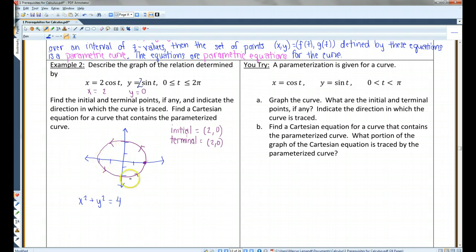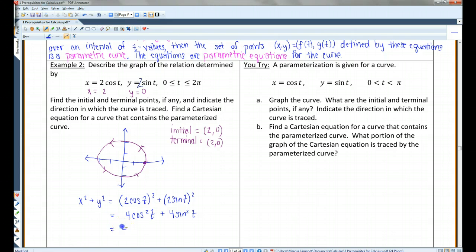The fact that you see that it's a circle gives you a hint of what you need to do first. x squared plus y squared, if we were to plug these in, this squared plus this squared, this would give us 4 cosine squared t plus 4 sine squared t.